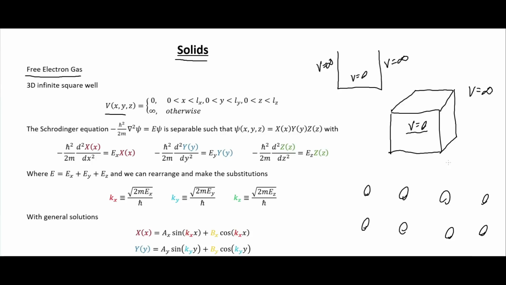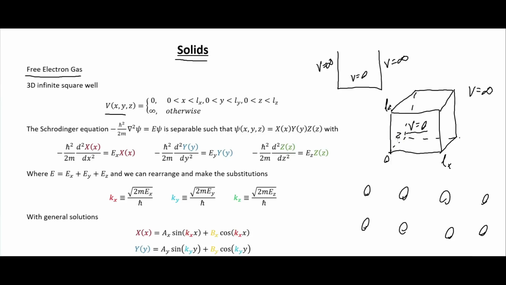We can think of this box, if we put an origin right there, with this being the length in the z direction, and this the length in the x direction, and then inside here we would have our length in the y direction.